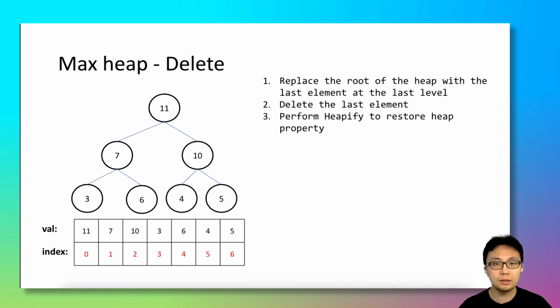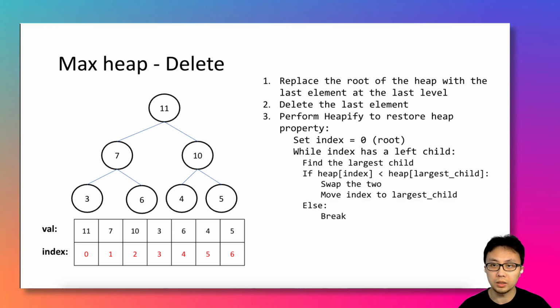Third, you will perform a process known as heapify to restore the heap property. You will start this process with the new root node and keep comparing it with its largest child. If the parent is smaller than that child, you will swap the two nodes.